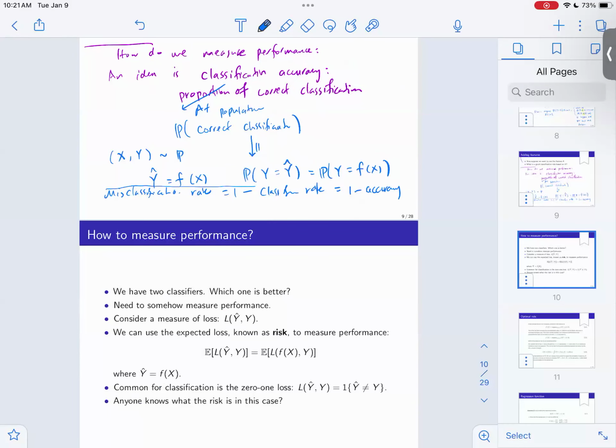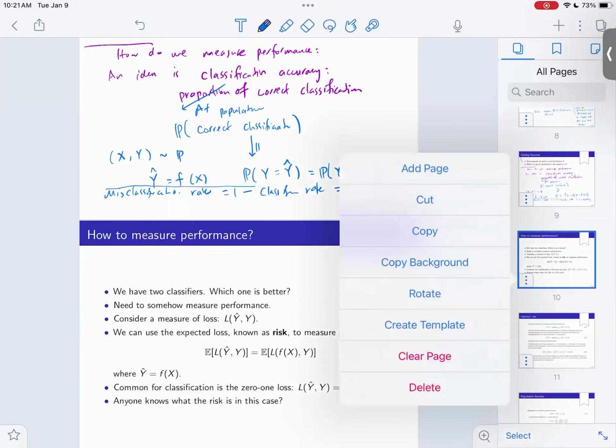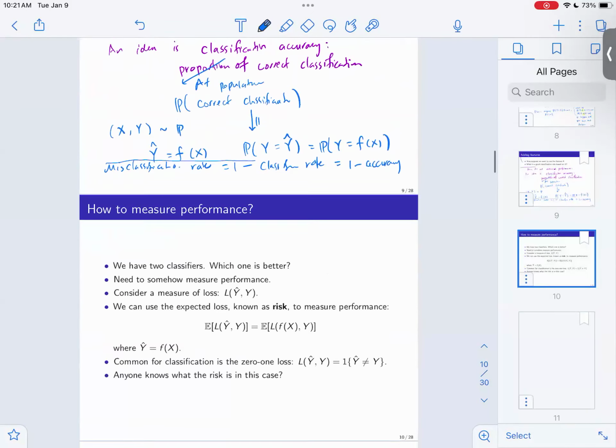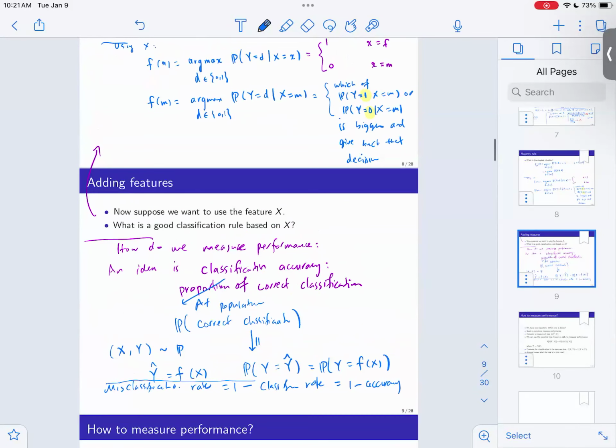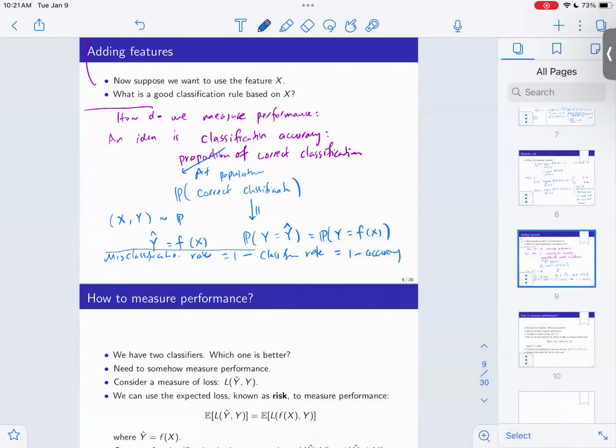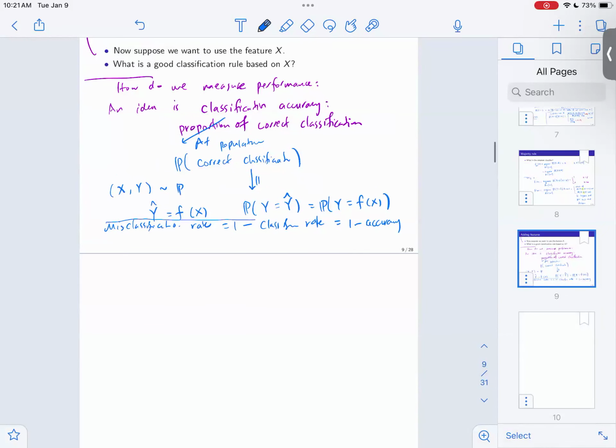So I'm going to look at the probability of incorrect classification, or misclassification: the probability that y is not equal to y hat, or the probability that y is not equal to f of x.